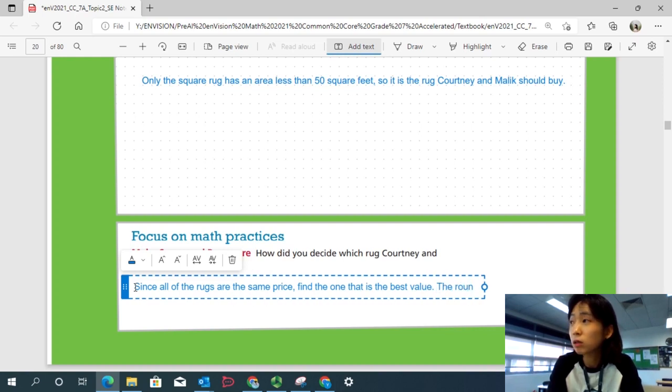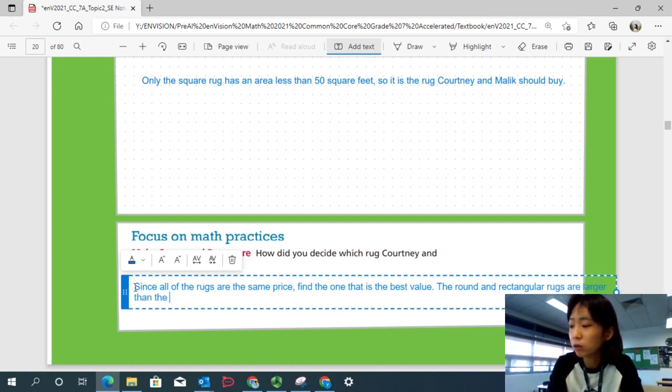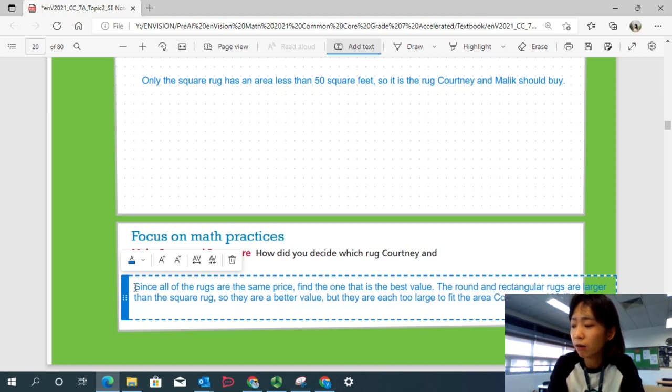The round and rectangular rugs are larger than the square rug, so they are a better value. But they are each too large to fit the area Courtney and Malik have, right? So then we have to decide that the square rug is the only choice for them.